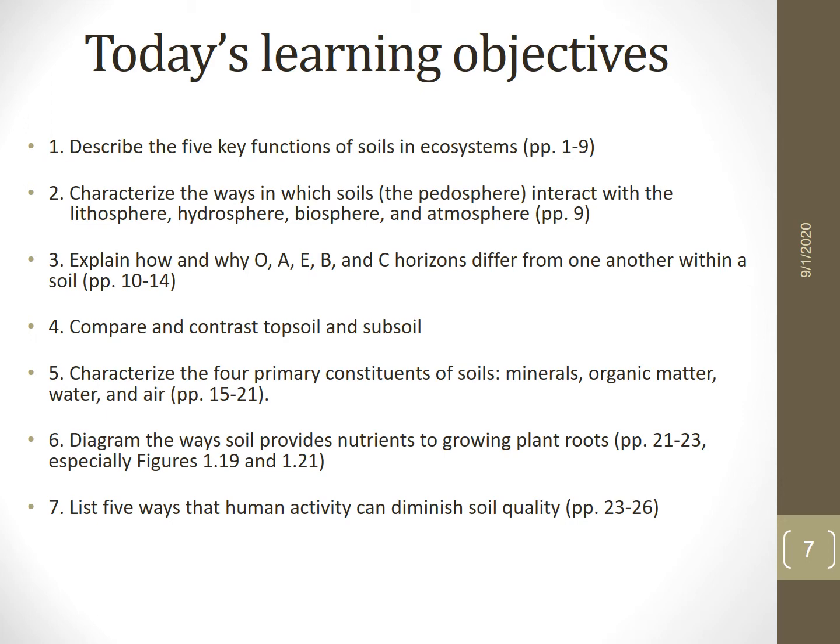We're going to compare and contrast topsoil and subsoil, and we're going to characterize the 4 primary constituents of soils: minerals, organic matter, water, and air. We're going to diagram the ways soil provides nutrients to growing plant roots, and we're going to list 5 ways that human activity can diminish soil quality.